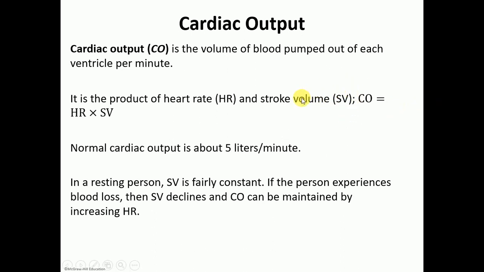So in order to keep the cardiac output constant, the heart rate would have to increase. If somebody bleeds, to keep up with the function of the heart, now that the stroke volume is less, the heart is going to have to pump faster. So there's a reflex tachycardia that happens due to the decrease in stroke volume.